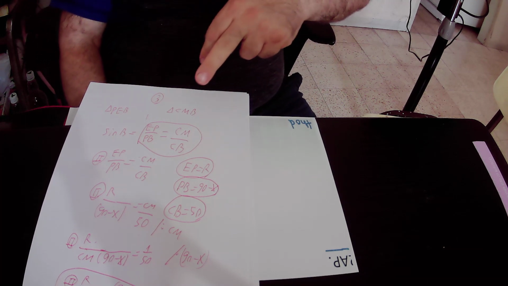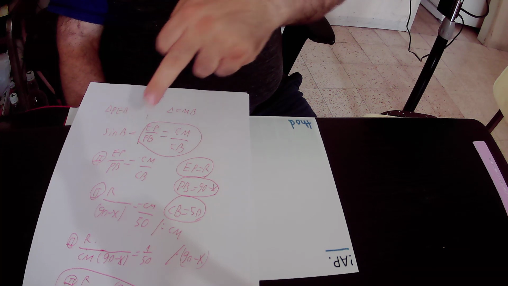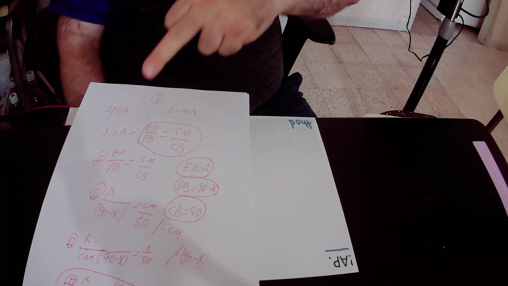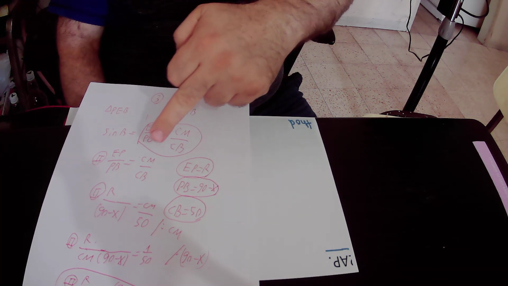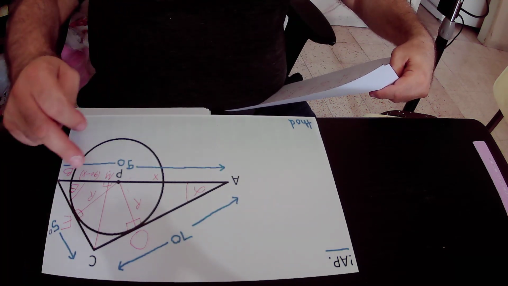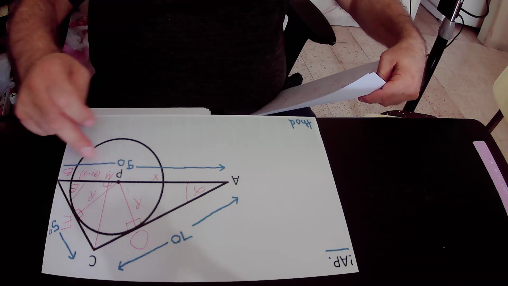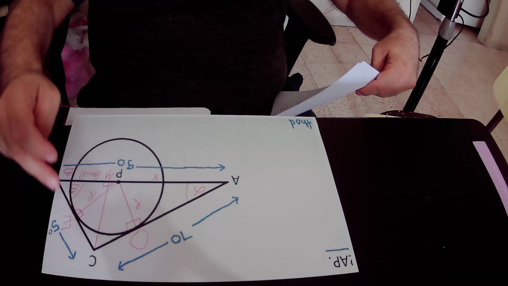So we copied this equality and called it equation number 2, which states that EP over PB equals CM over CB. We know that EP equals R, PB equals 90 minus X, and CB equals 50 units.